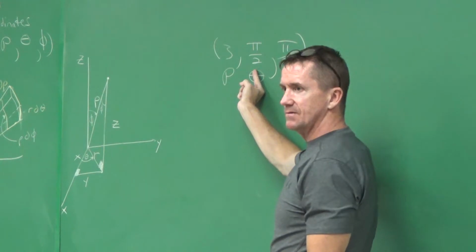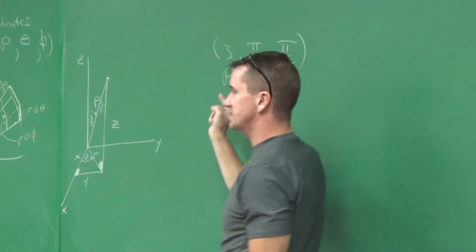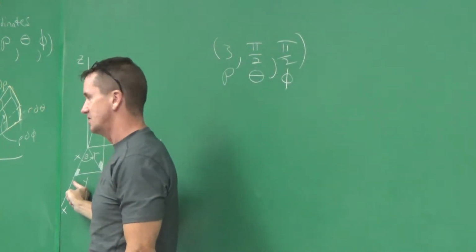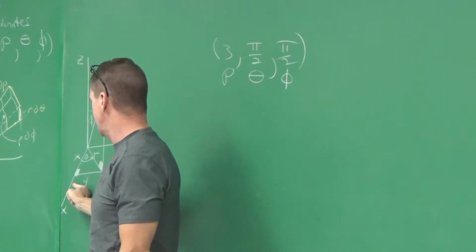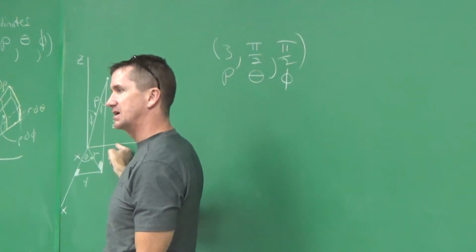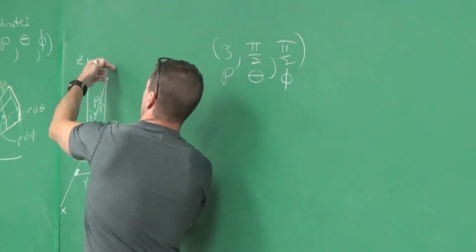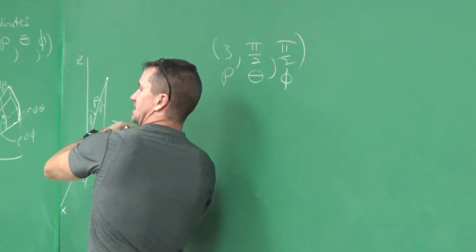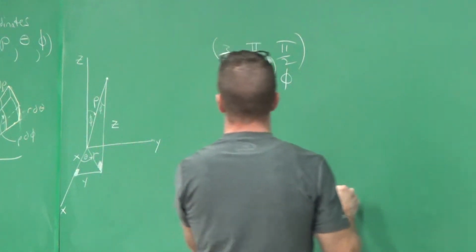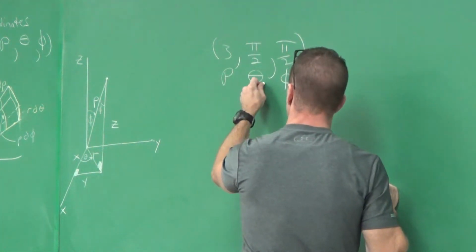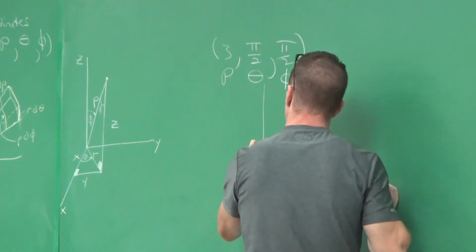Theta rotated it pi over 2. Theta is down in the xy plane, so it rotated 90 degrees from here, putting it on which axis? The y-axis. And then how far did it come down? It bent down 90 degrees, which will put it right in the xy plane. So it would look something like this. Let's label this.